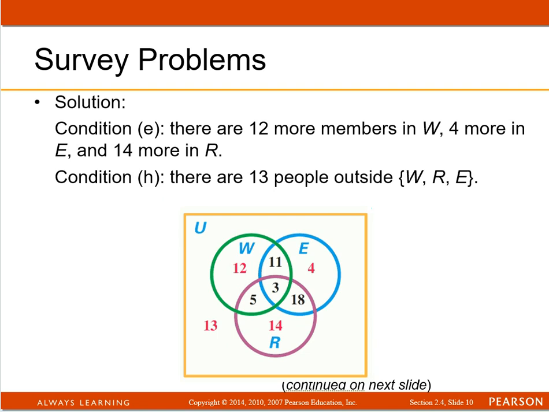Because you can see they have filled in the 3 here, and then they've done the 3 Pope hats we just went through. How did they get the 11, the 5, and the 18? And in the next video, I will show you how you get that 12 and 4 and 14 and the 13.